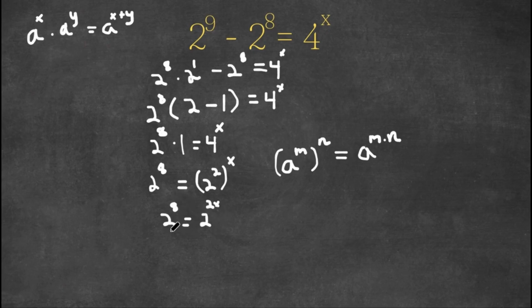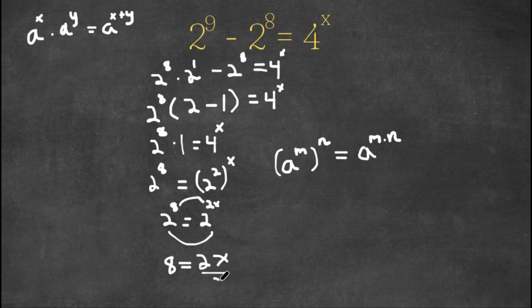Now, because we have the same bases, our exponents must be the same as well, because this equation would not be true if these exponents were different. Meaning 8 equals 2x. And now, as you can see, we have a simple equation, and we just want to solve for x.